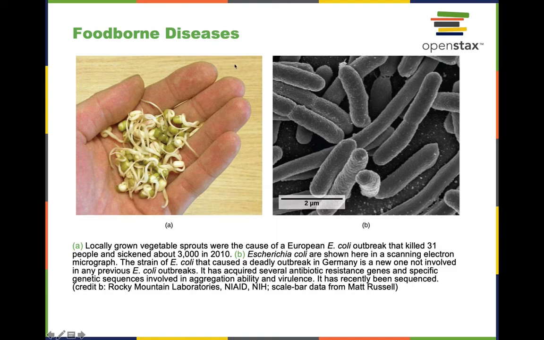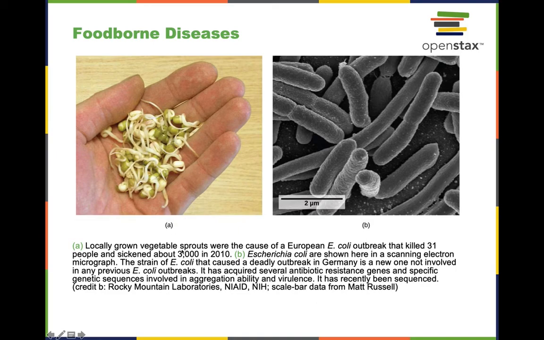Bacteria can cause foodborne diseases. This is one example of a strain of E. coli. There was an outbreak of E. coli in Europe, which sickened and killed many people. And this is an electron micrograph of E. coli. And this one shows the vegetable that was grown.